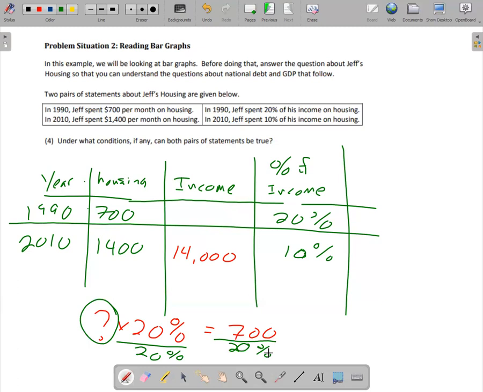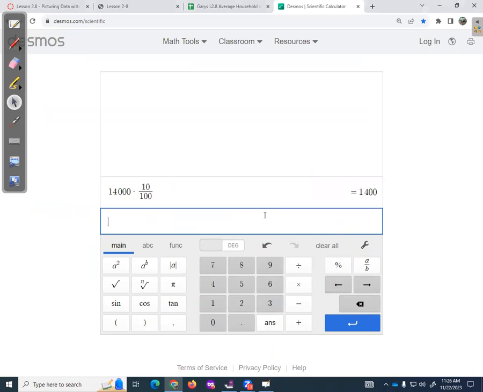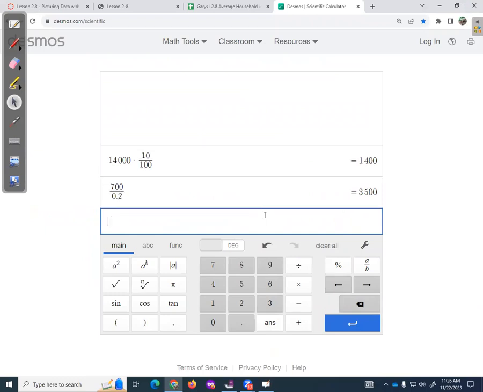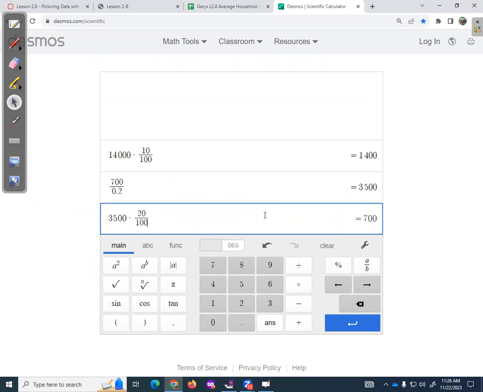Let's test, see if that actually works. Calculator. So divide by the 20%. So 700 divided by 20%, which would be 0.2, gives me 3,500. Let's check it the other way. If we take 3,500 and we multiply that by 20%, then we get 700, right?